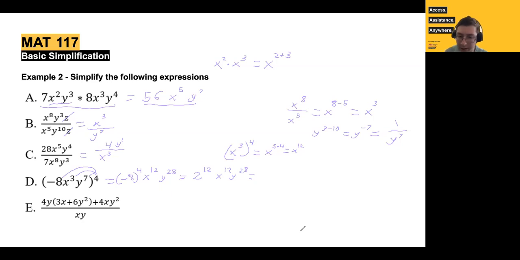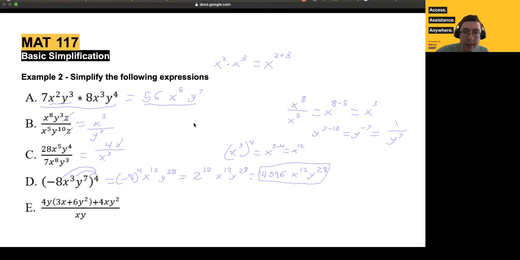Yeah, 4096. If we wanted to convert the 2 to the 12 into its actual number. So in the end, we get that.